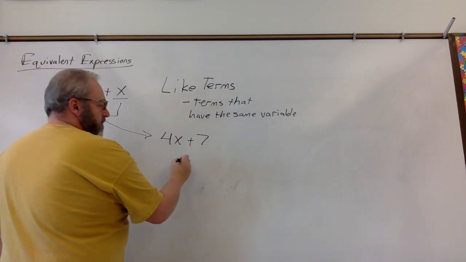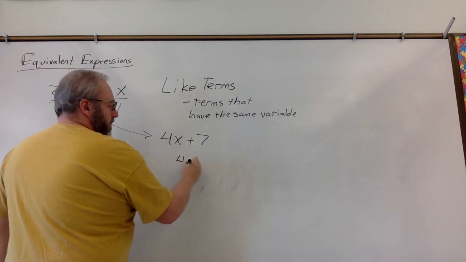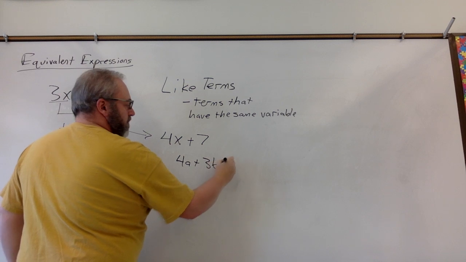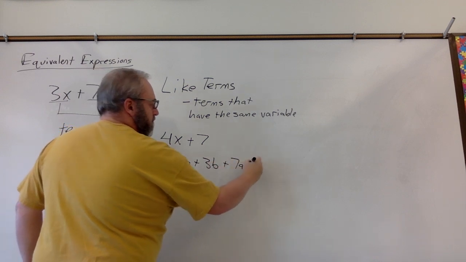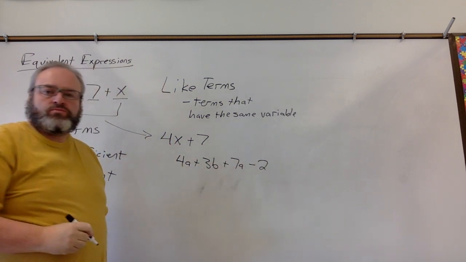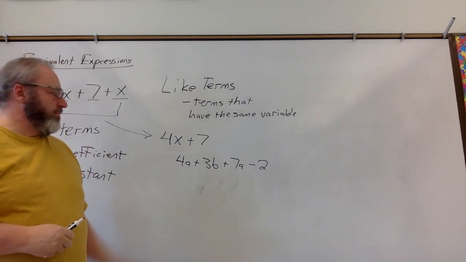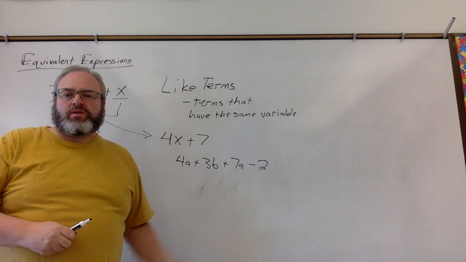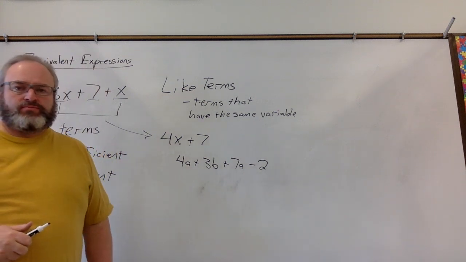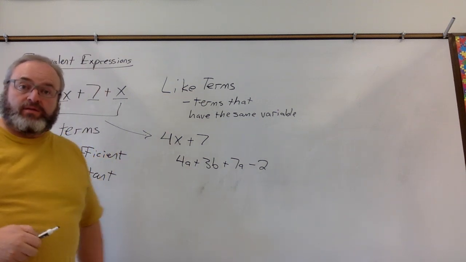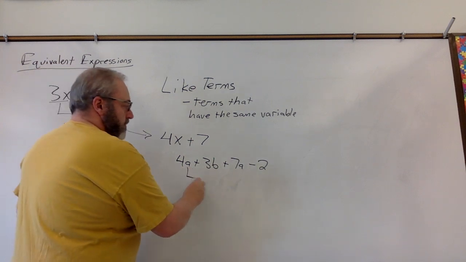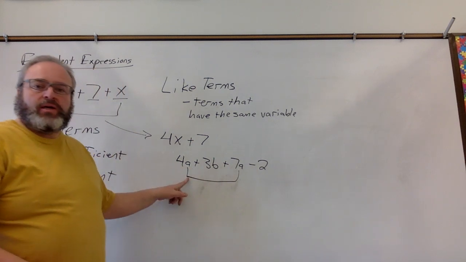So if I had 4a plus 3b plus 7a minus 2, let's think about that for a minute. There's 4 different terms here. Which of them are like terms? That's right. The ones that have the a's can be added together.